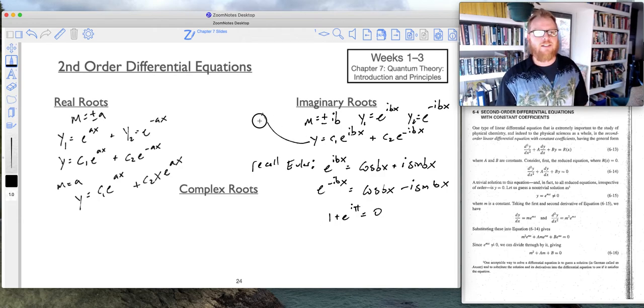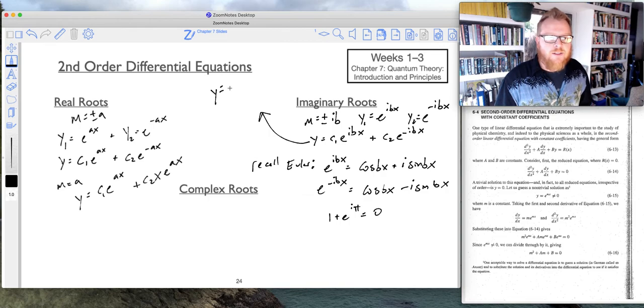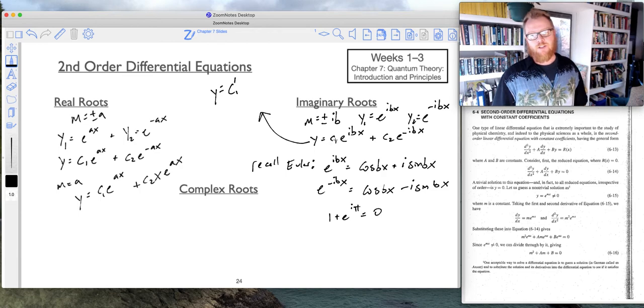So I'm going to write this up here as a general solution: y equals c1 prime, to note that that's different than this c1, sine bx, plus c2 prime cosine bx.